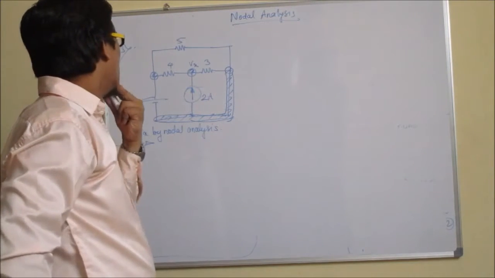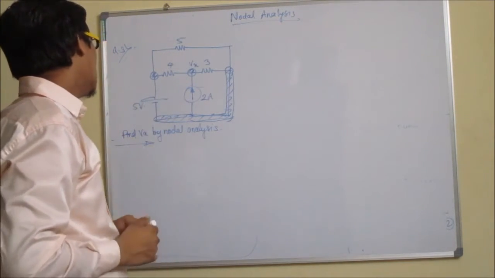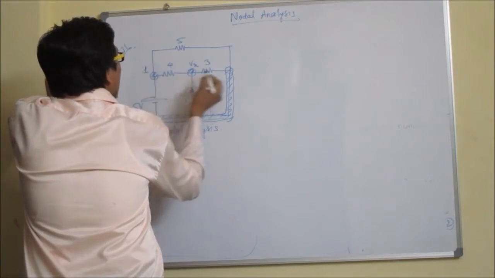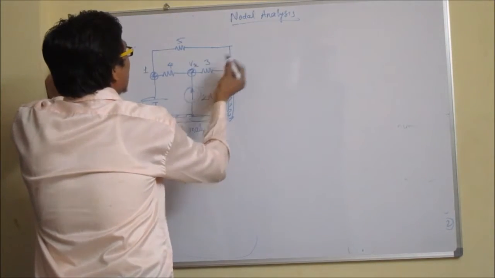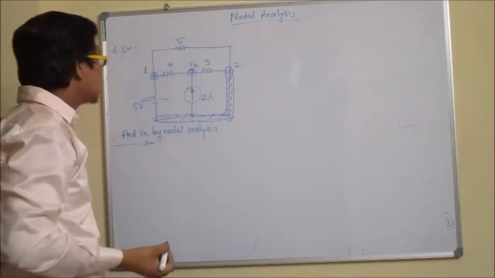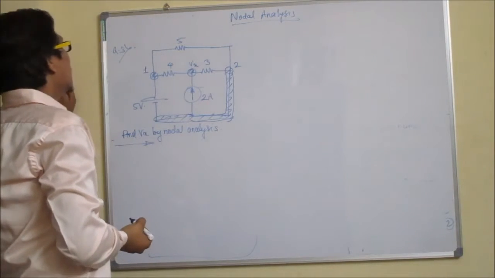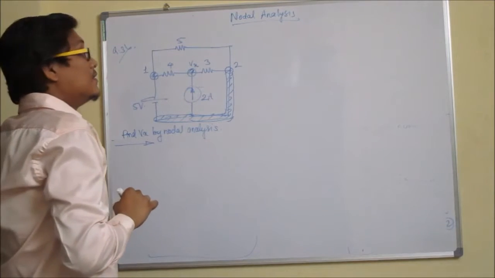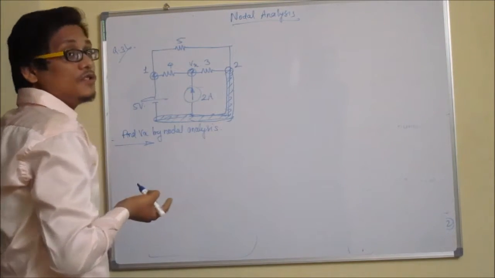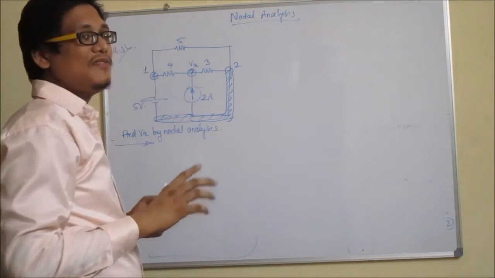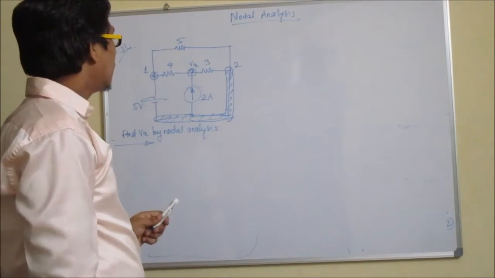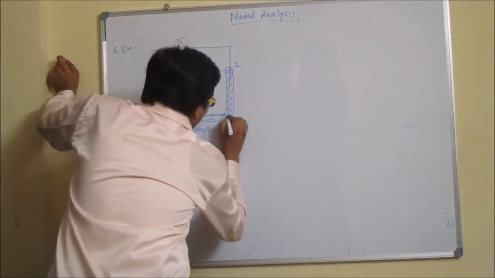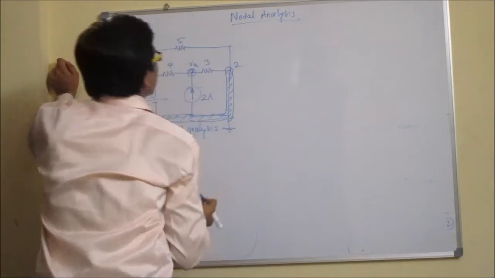So now we have to find Vx. First we will name this V1. We have already named it. We'll just name V2. Now what is the next step? Now we have to choose a reference node. Which is the reference node? Normally we take as the reference node the node which has the maximum number of branches, and assume it at zero potential.